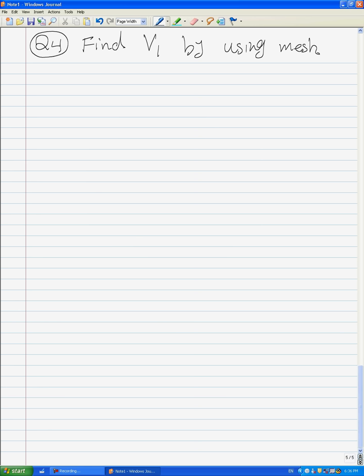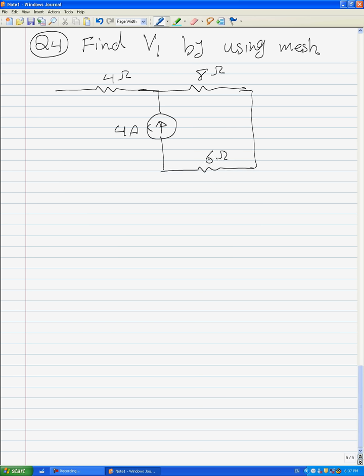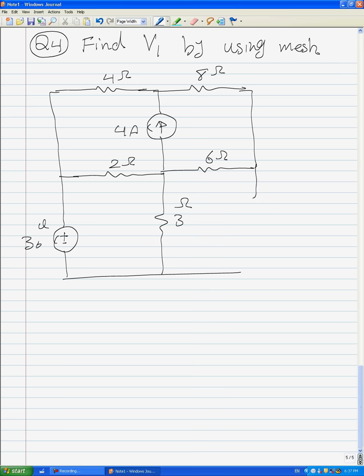The circuit is like this. We have 4 ohms here, and also we have 4 amps here, and 8 ohms here, and 6 ohms here, and 2 ohms here, and we have 30 volts here, 3 ohms here, and 1 ohm here.